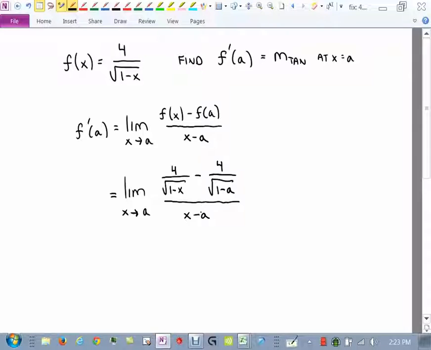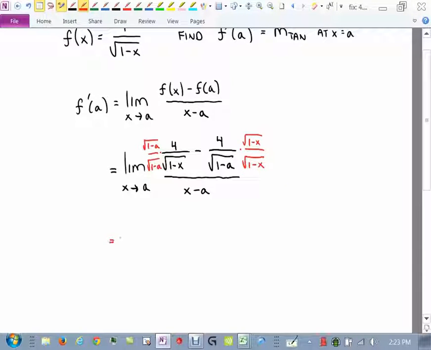So just like we have been doing before, what we need to do is make a common denominator. So I'm going to multiply the top here by root 1 minus x, bottom root 1 minus x. Over here I'm going to multiply top and bottom by root 1 minus a, and then over here root 1 minus a. When we do that, we should get our common denominator.